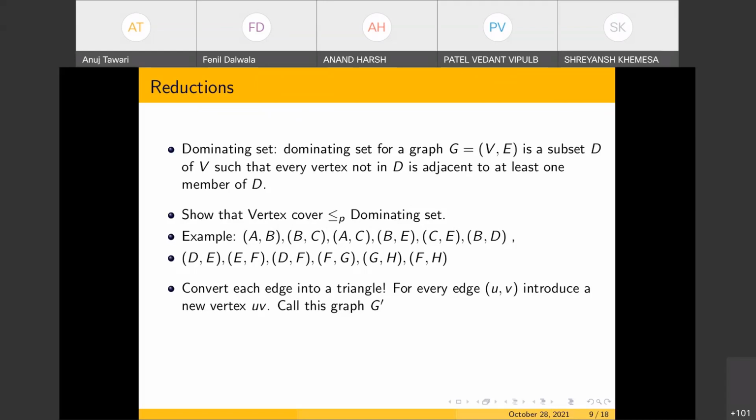To prove NP completeness, you start with some NP complete problem and give a polynomial time reduction from that problem to our problem. If our problem was easy, then we could have solved that NP complete problem easily, so our problem should be hard.